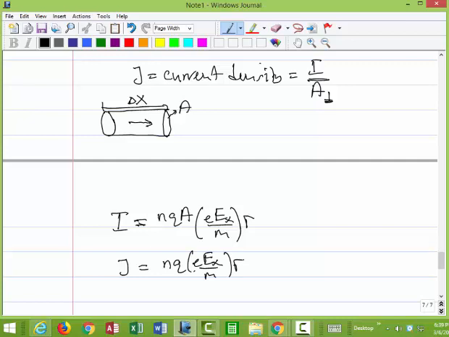And E_x over m times tau is equal to the drift velocity. So you can say current density is n q times drift velocity.